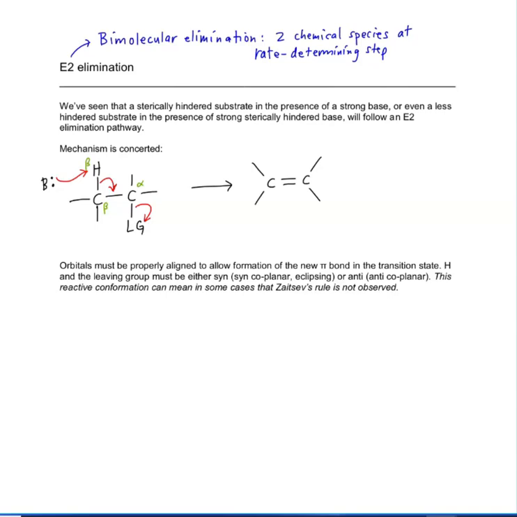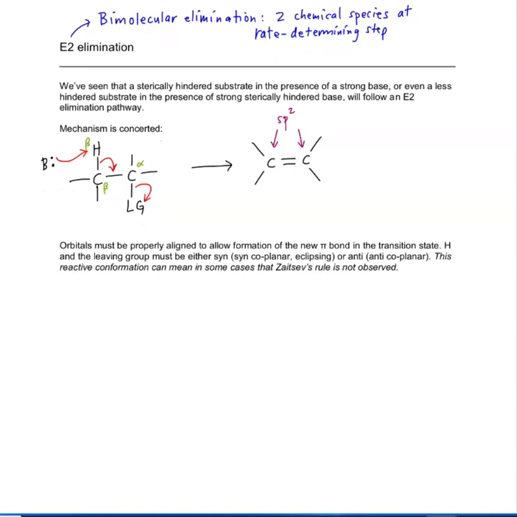Now, the carbons that had the leaving group and the beta hydrogen started out in the starting material as sp3 hybrids, but they rehybridize in the course of the reaction to become sp2 as the pi bond forms. For the pi bond to be able to form, orbitals have to be lined up properly in the starting material.